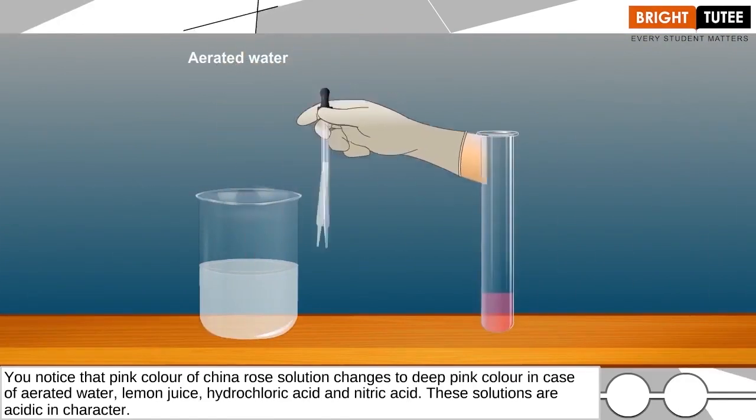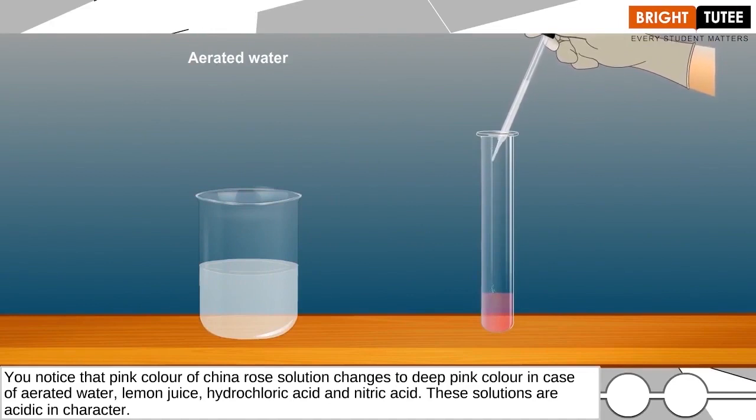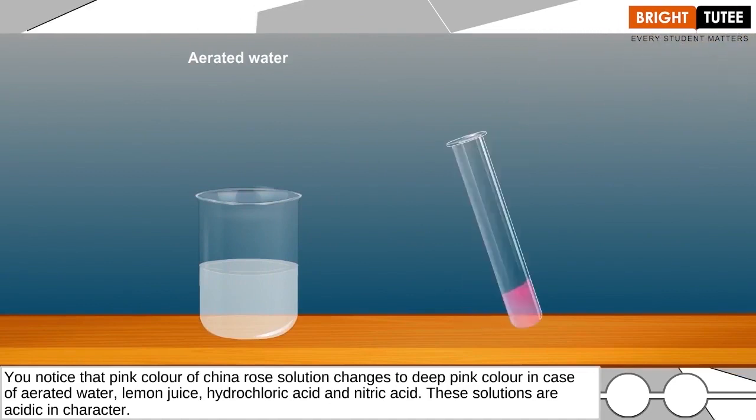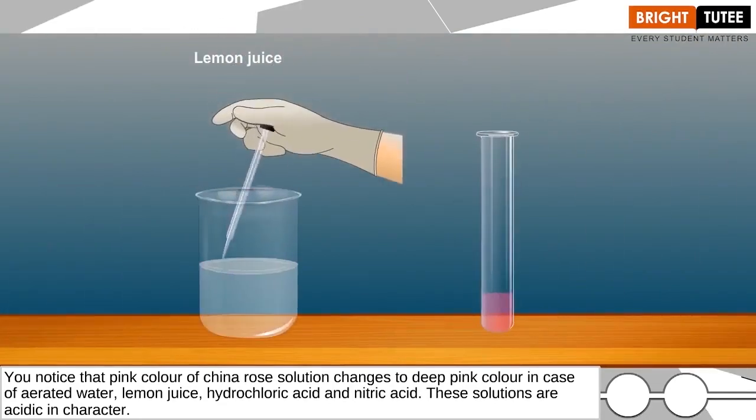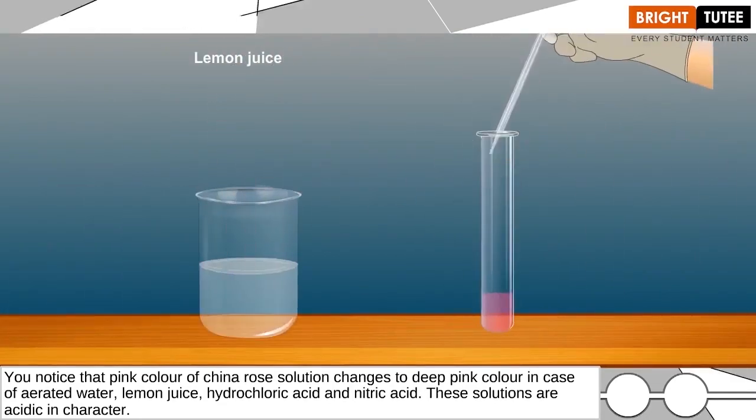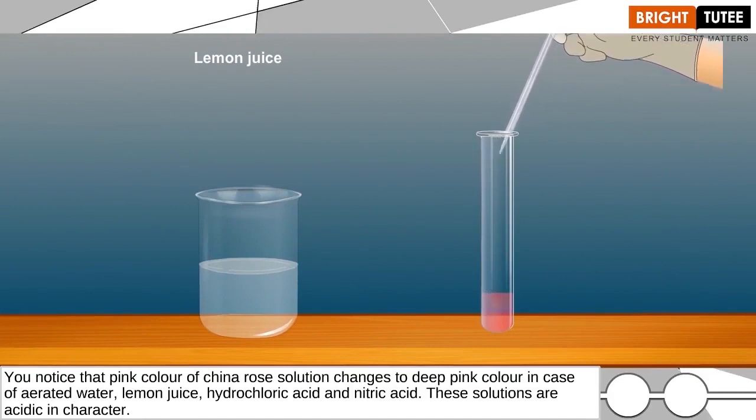You notice that the pink color of China rose solution changes to deep pink in the case of aerated water, lemon juice, hydrochloric acid and nitric acid. These solutions are acidic in character.